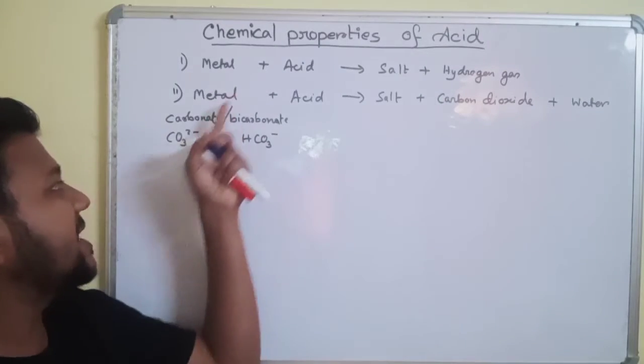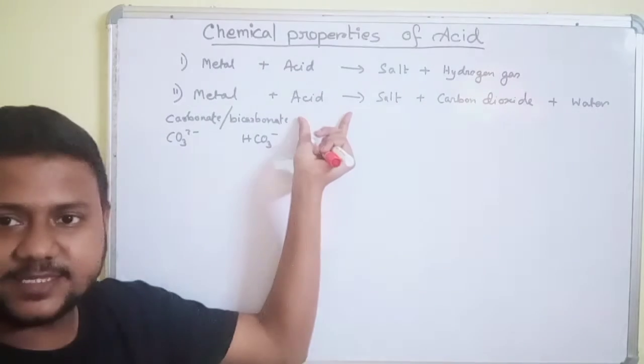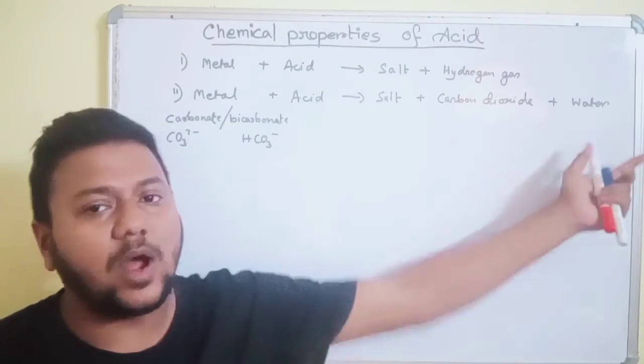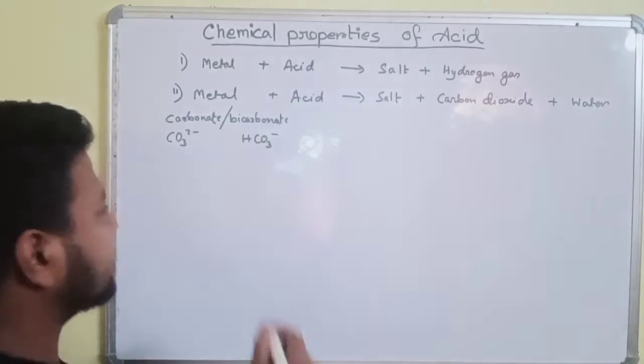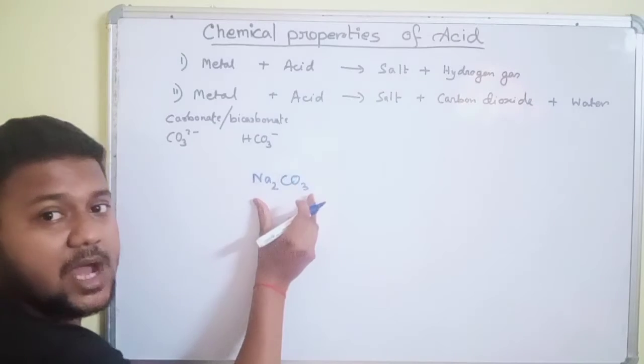When a metal carbonate or bicarbonate is reacted with acid, they liberate salt, carbon dioxide and water. Let us see some examples. Say, Na2CO3, this is sodium carbonate.